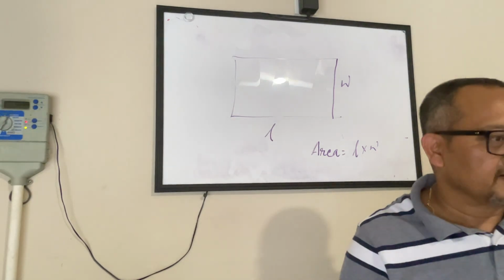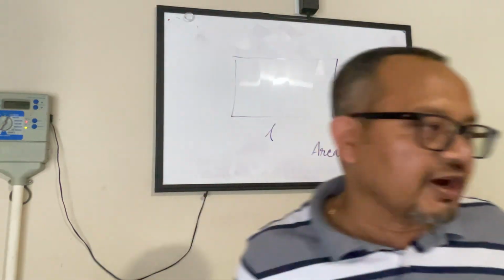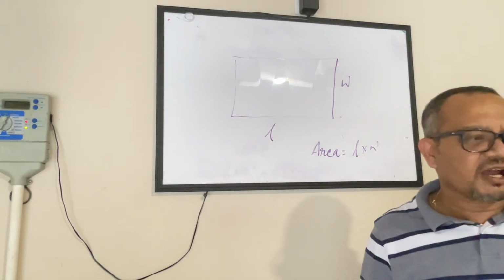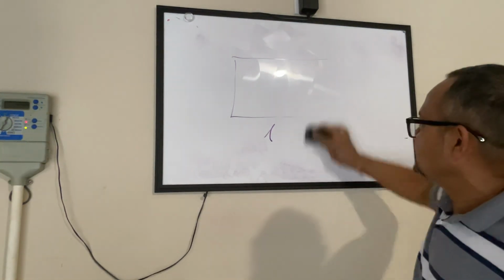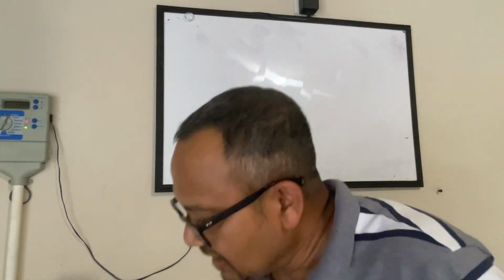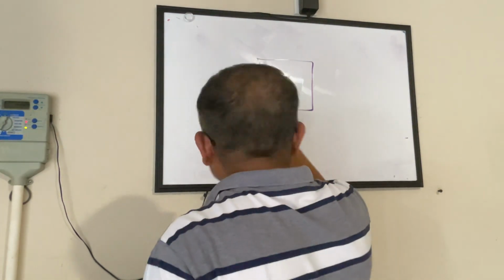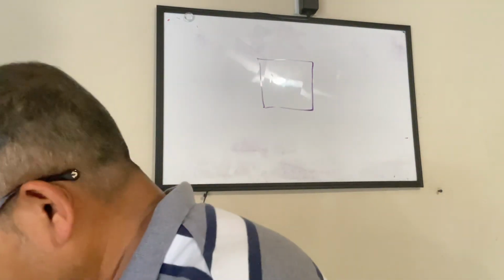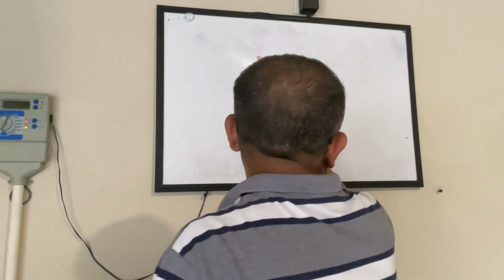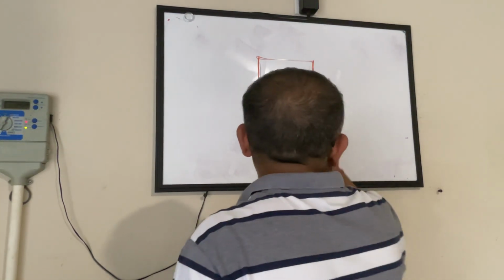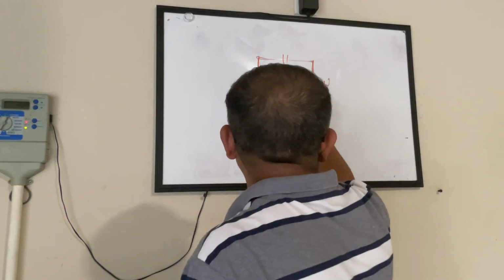That's it. Now rectangle and square are cousins, if not siblings, because they have a lot of things in common. If I look at a square, here length, opposite sides are equal, all angles are 90 degrees.